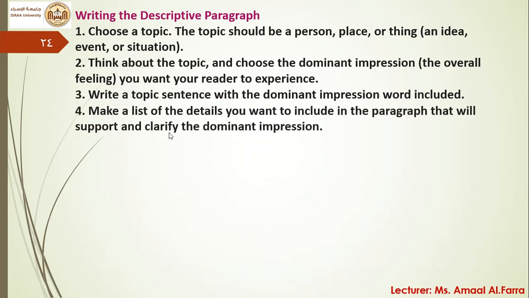Number 4, make a list of the details you want to include in the paragraph that will support and clarify the dominant impression. Now, after writing the topic sentence with its dominant impression, you have to write a list as an outline. You know the outline. You have to write a list of the details. The list means that you are going to write only words or phrases. Okay?